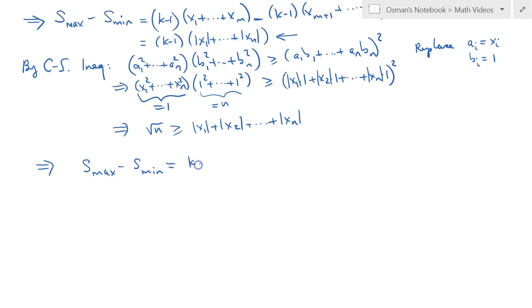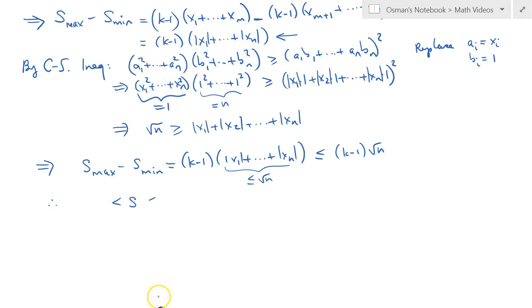So we still have the k minus 1 times x sub 1 plus all this sum here, x sub n, but we have just recently proved that the second term is less than or equal to the square root of n, so therefore we would have k minus 1 times the square root of n. So therefore all values of S will fall into this interval, right? So for any generic values, they will fall into this range from S min to S max.